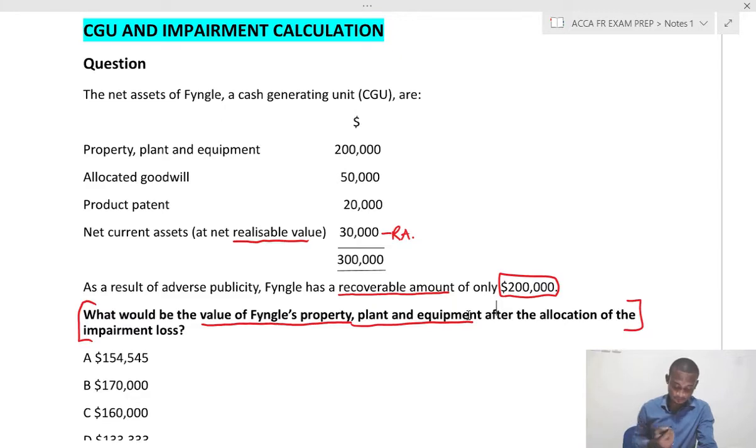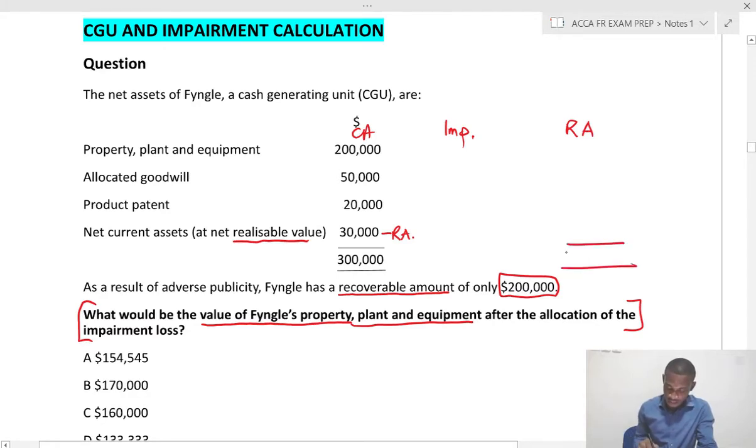So let's see. These are the carrying amounts. In between, I'll put my impairment, and then my recoverable amount. The total amount was 200, so this, of course, is not okay. Let me go strictly how you would answer these in the exam, you having the multiple choice, before I elaborate on other aspects of it.